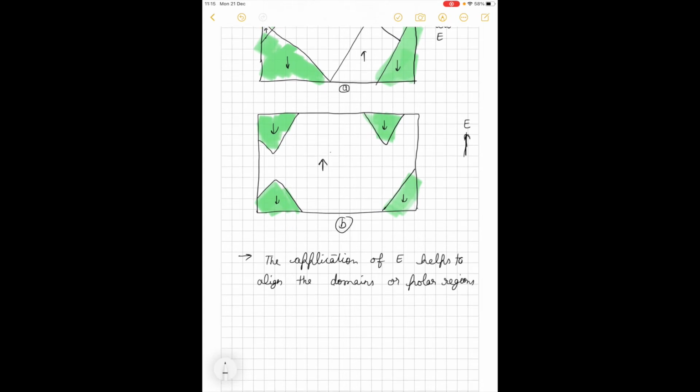Okay, and in the dielectric case, we saw that the polarization varies linearly with E, right? P was directly proportional to E. Actually, P is equal to chi epsilon naught times E. This was the case in dielectric material, but it's not the case in the ferroelectric material. It's not exactly linear. So that's why I'm not writing the direct formula. It's a bit complicated. I'm not going into details of those formulas.